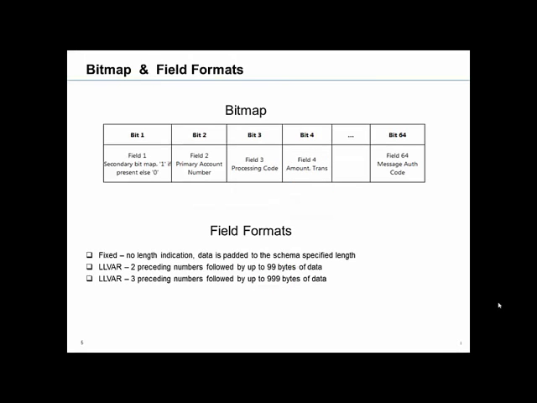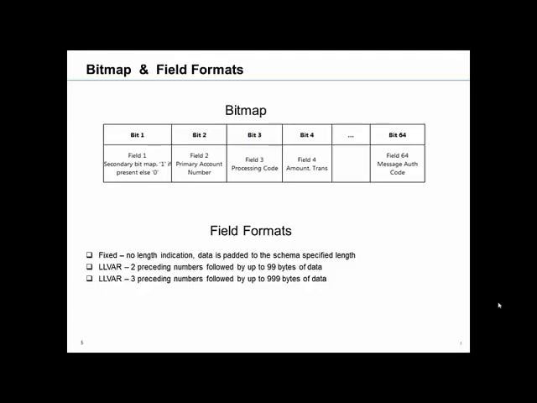So what do the bitmap and the field formats look like and what do they indicate? The bitmap is an indexing technique used in an ISO 8583 message to indicate which data elements are present. The presence of a data element in a specific message is indicated by 1 in the assigned position, and 0 indicates the absence of the data element in the assigned position.